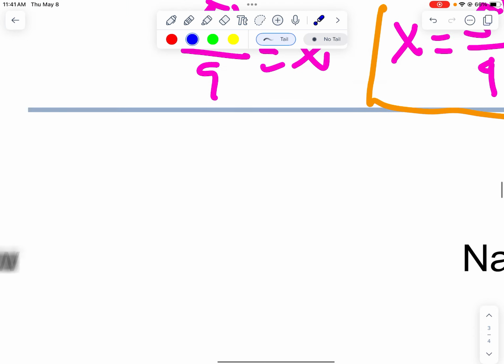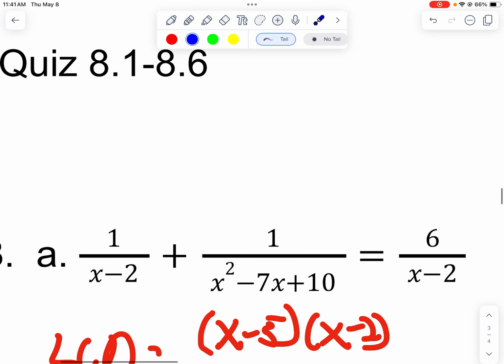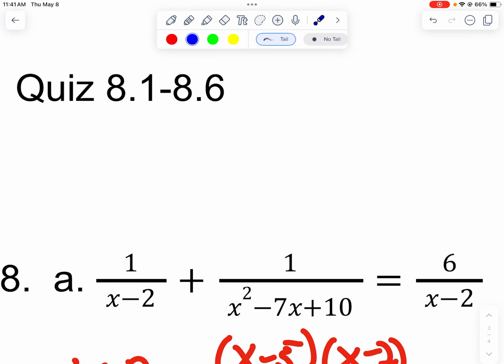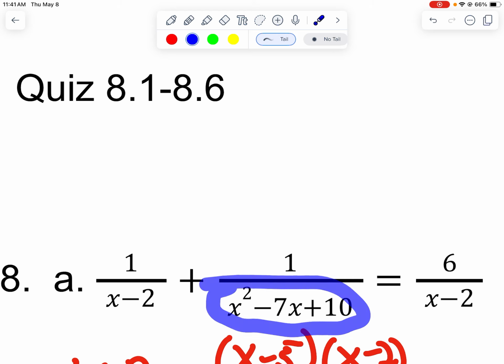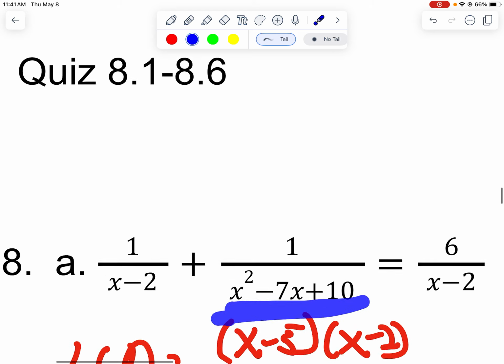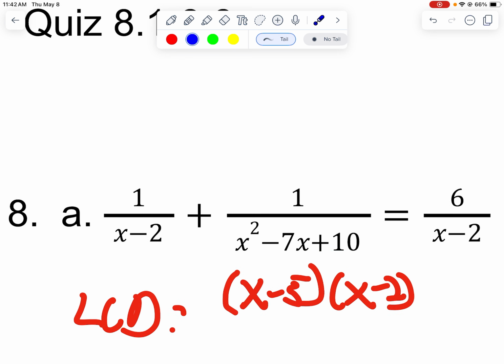All right, the ugly one. Now we have a quadratic on the bottom right here. So we have to factor that, which is x minus 5, x minus 2. Once we factor this, we look at each denominator and write down the factors we see.